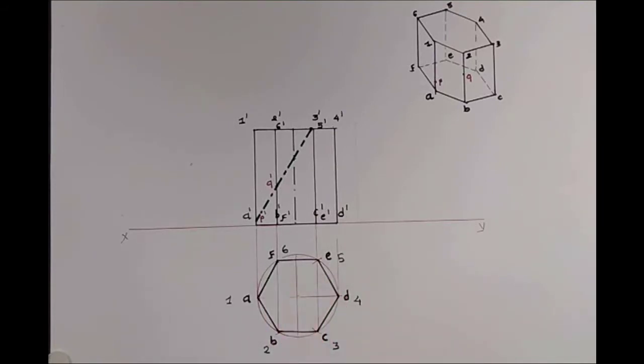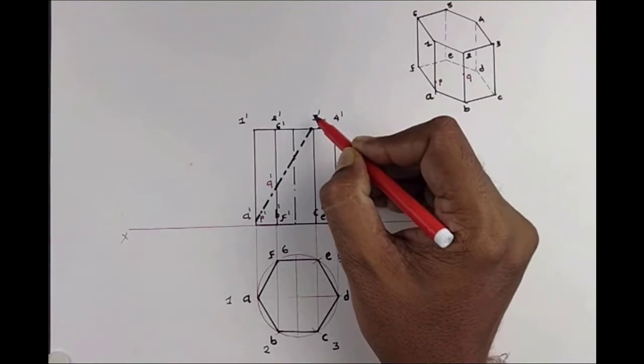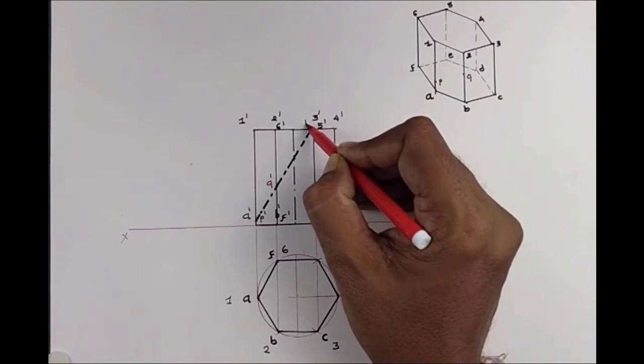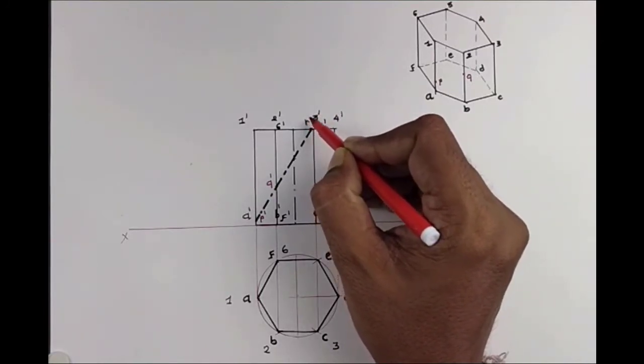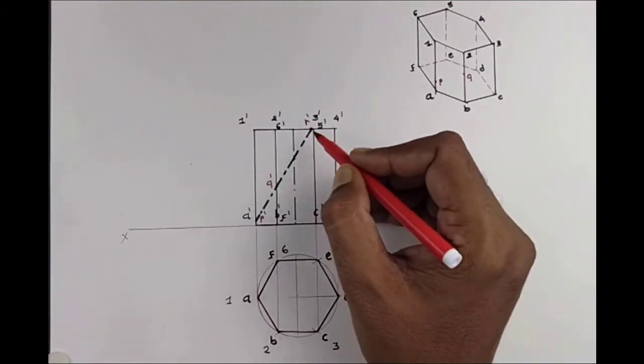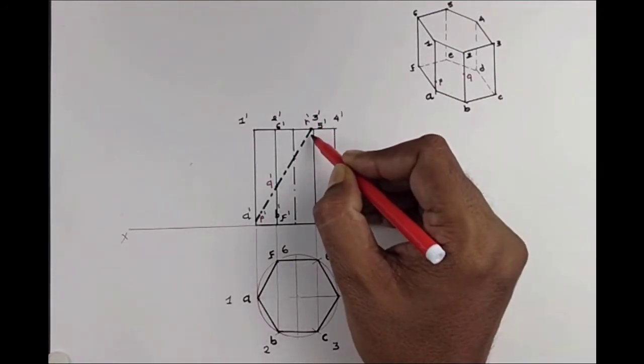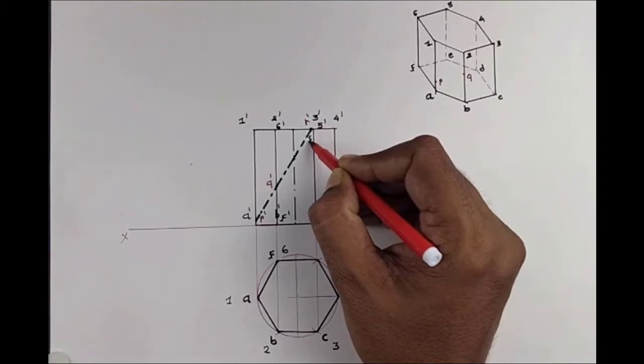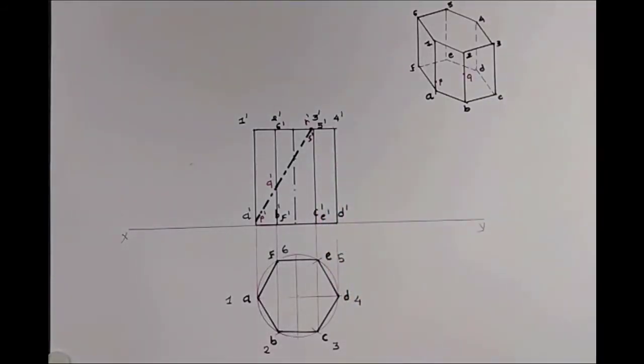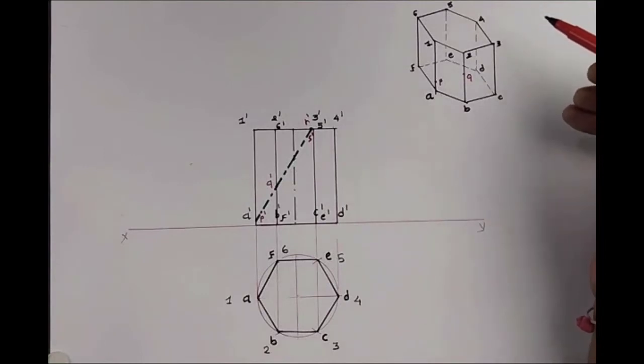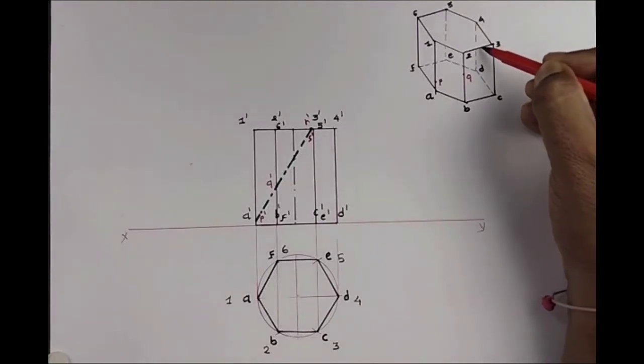So I mark the R dash, and for 5, 6, S dash. So we can show here on 2, 3. Suppose this is my point, and one point cutting is here.